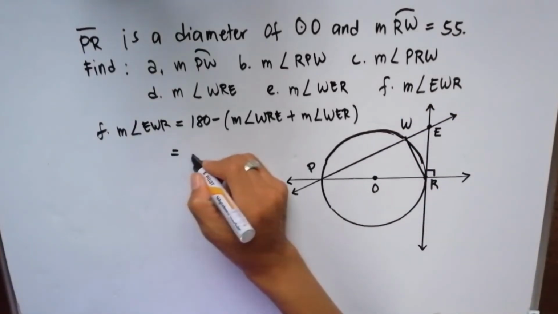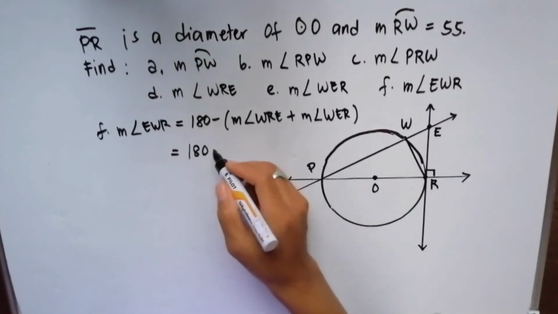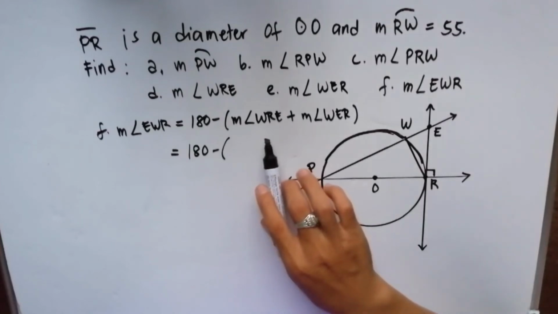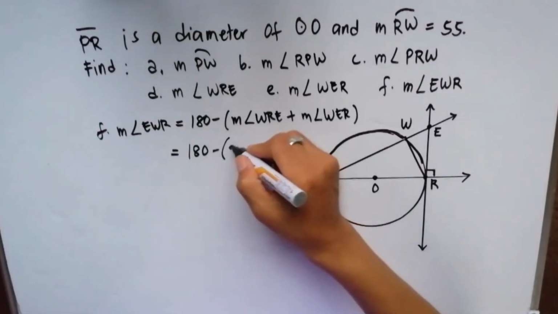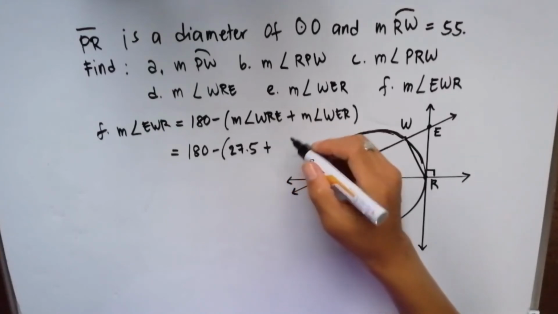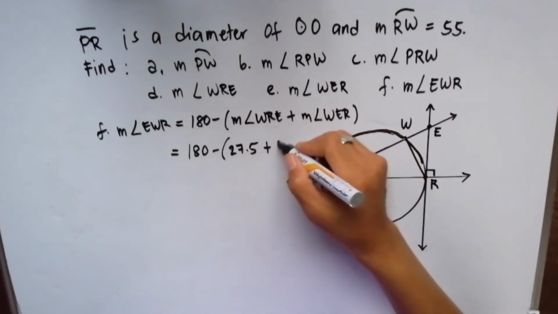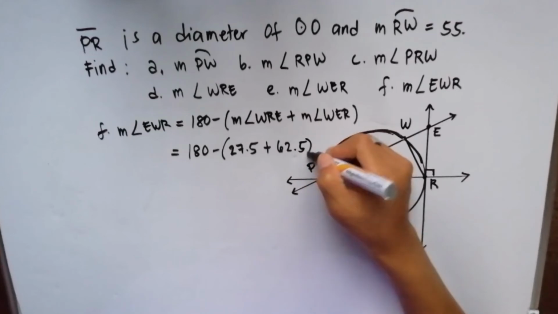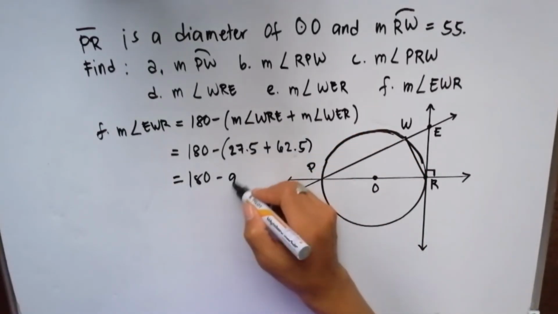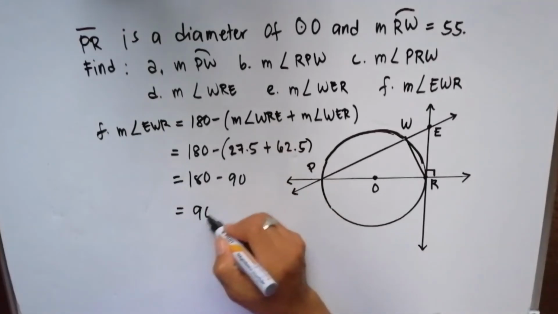So that is equal to 180 minus, WRE is 27.5 plus WER, which is 62.5. So that is equal to 180 minus 90. So the measure is equal to 90.